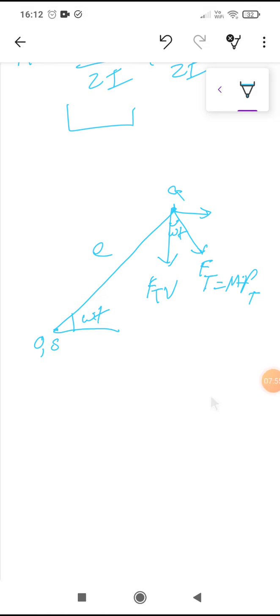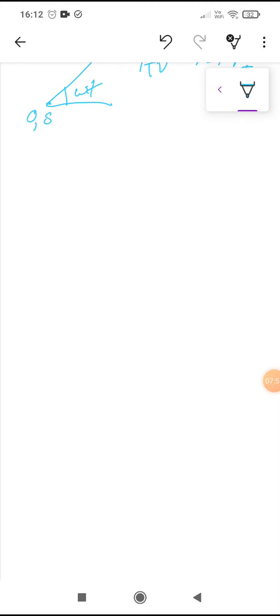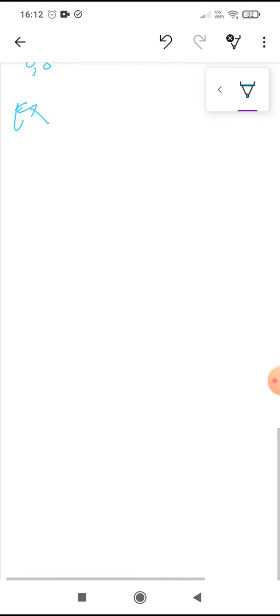Now let's see an example for critical speed of shaft. I'll just read the example and plot the data. A vertical shaft of 12.5 mm diameter rotates in sleeve bearings.